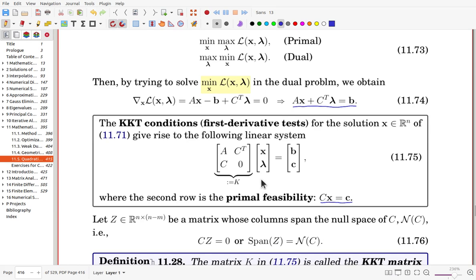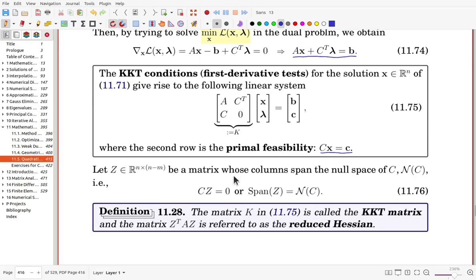Let's try to solve this linear system. In order to do that, first we have to make sure this algebraic system is solvable, which means the matrix is non-singular.